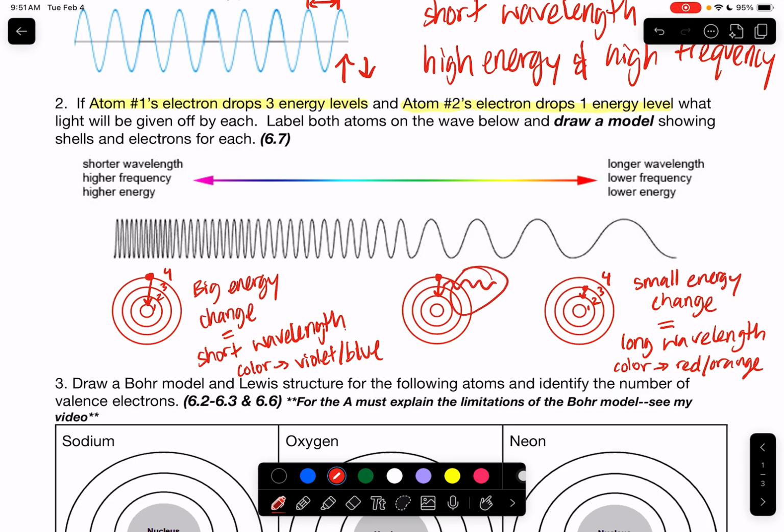And depending on the energy change or how far the drop is, that's what's going to determine what color you see. So just a refresher on how we see light. So again, the electron first jumps up however many levels depending on how excited it gets. And then after it jumps up those levels, it's going to fall back down. And when it falls back down, it releases a wavelength. And depending on this energy change, that's going to determine the color that we see.